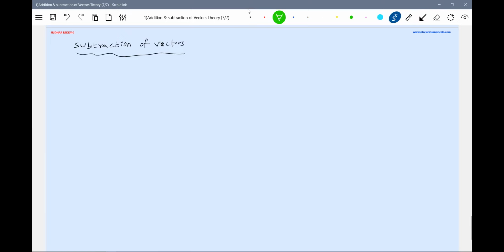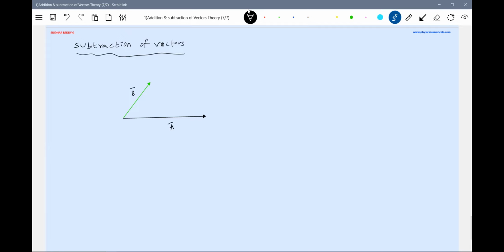This is the vector b bar. Now what we are trying to do, we are going to subtract. So this is a bar, this is b bar. I want a bar minus b bar.